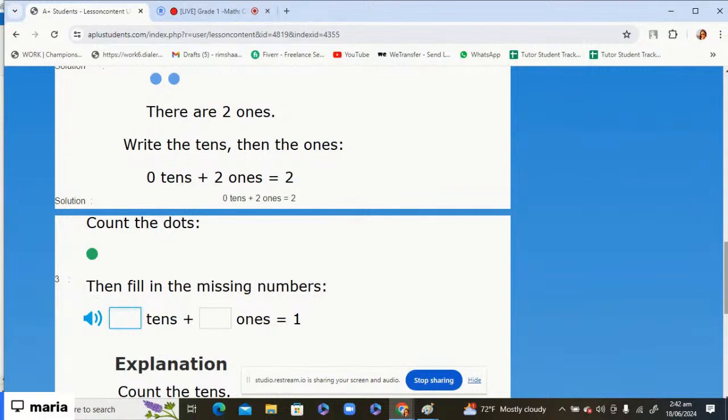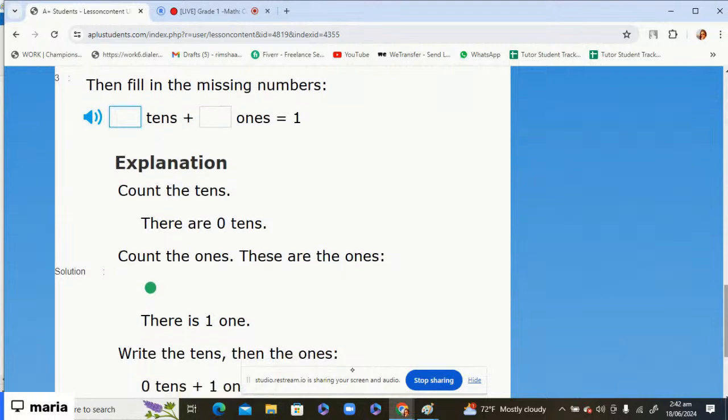I already told you, when there is only one digit, that is only ones place. So this is one dot and one digit, so this is ones place. So in the tens place we're going to put 0, and in the ones place we're going to put 1.